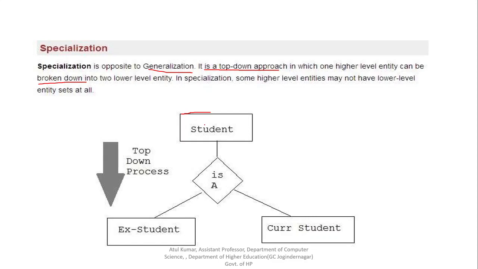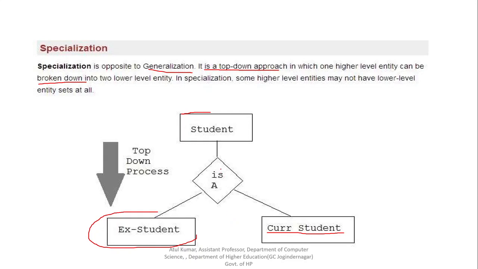Student is a higher level entity, and if we break down this student into lower level entities, the first is EX student and the other is CURR student, that is current student. This kind of approach is called specialization.